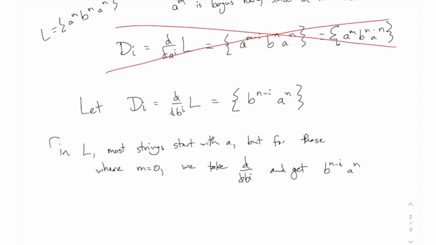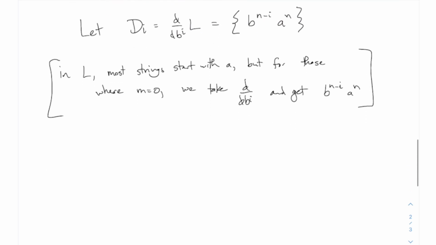So this was just a little parenthetical explanation of why this derivative actually equals that, even though there were extra A's. The point is, sometimes there were not extra A's at the beginning, and those ones will fall through and give you this. Okay, so anyway, I can write my usual conclusion here, right?